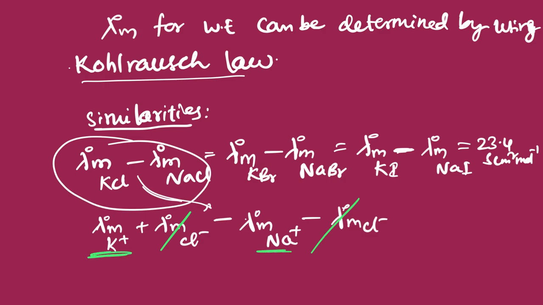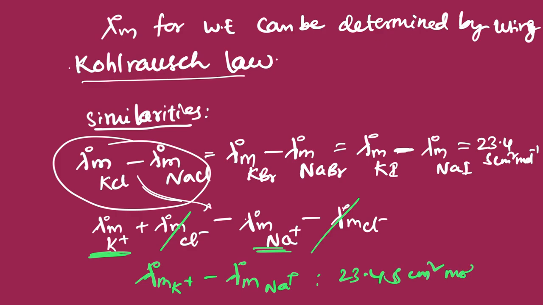K plus and Na plus. These values are already known from the Debye-Hückel-Onsager equation and given in the table. Here we subtract: lambda naught m K plus minus lambda naught m Na plus. Write the K plus value and Na plus value, then we get this difference as 23.4 Siemens centimeter square mole inverse.